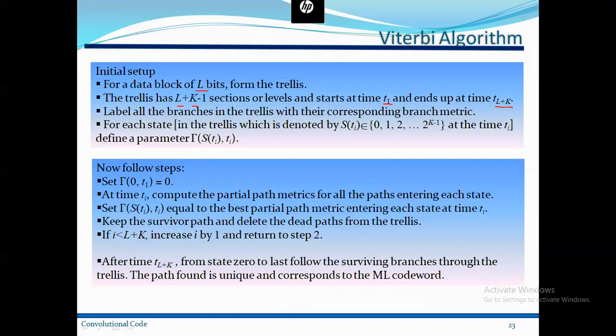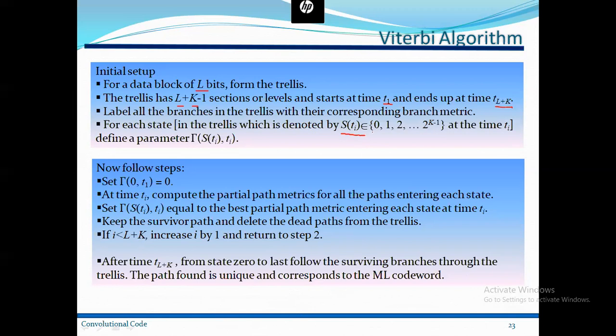So every time we determine the distance, we determine the states, we determine the path converging at each state, and we find the Hamming distance of this.